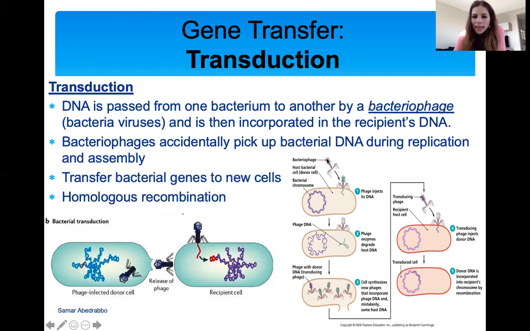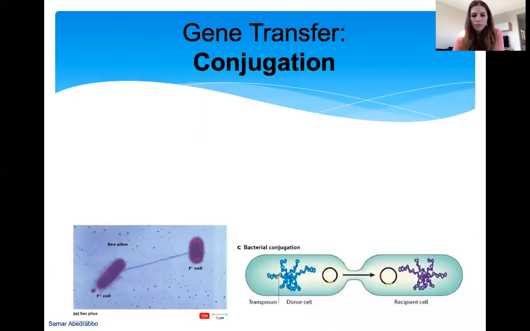Here you have a bacteriophage, and it will infect this bacterial cell. It'll inject its DNA into the bacterial cell, and the bacteria will take this piece of DNA, and through homologous recombination, it will get put into their own DNA. We're going to learn all about viruses later, but this is one method where viruses can change cells.